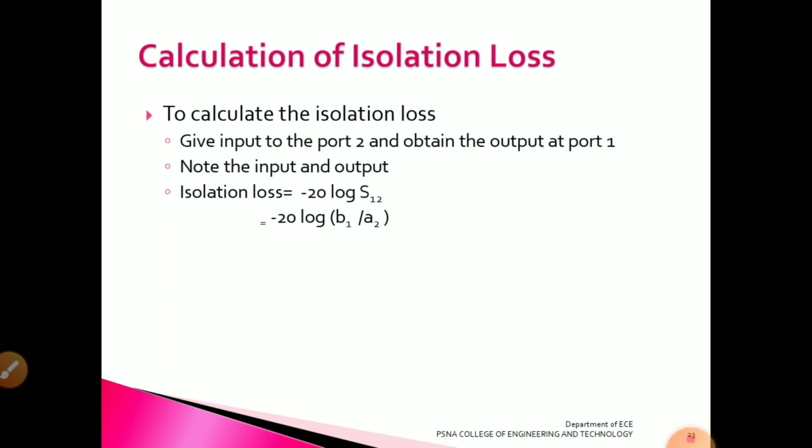By using the same experimental setups, we can form the S matrix of the isolator. As already told, it is a 2-port device, so it has S11, S12, S21 and S22. S11 and S22 will be equal to 0 as already told. Now S12 and S21 are the required S parameters.